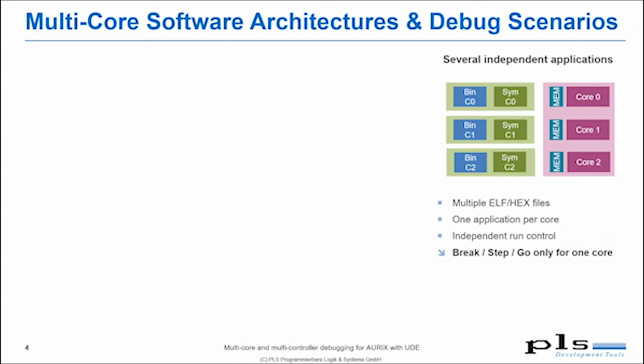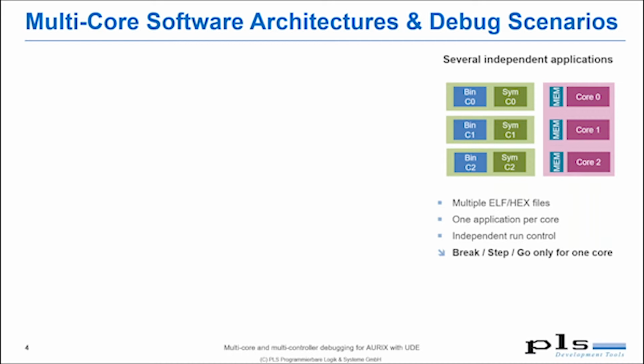If you bring this onto a multi-core system like the AURIX, then you can run several single core applications in parallel on such a system. Each application has its own binary and its own ELF file compiled by a compiler and uses its own core. So there are no or only minimal dependencies between them. So debugging is quite easy.